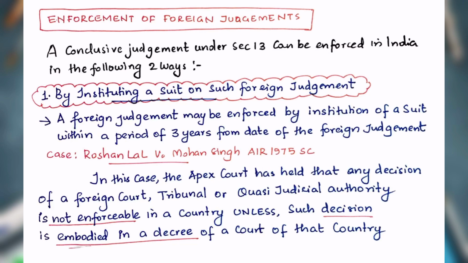A foreign judgment may be enforced by institution of a suit within a period of 3 years from the date of the foreign judgment. In the case of Roshan Lal versus Mohan Singh 1975, the Apex Court held that any decision of a foreign court, tribunal or quasi-judicial authority is not enforceable in a country unless such decision is embodied in a decree of a court of that country.